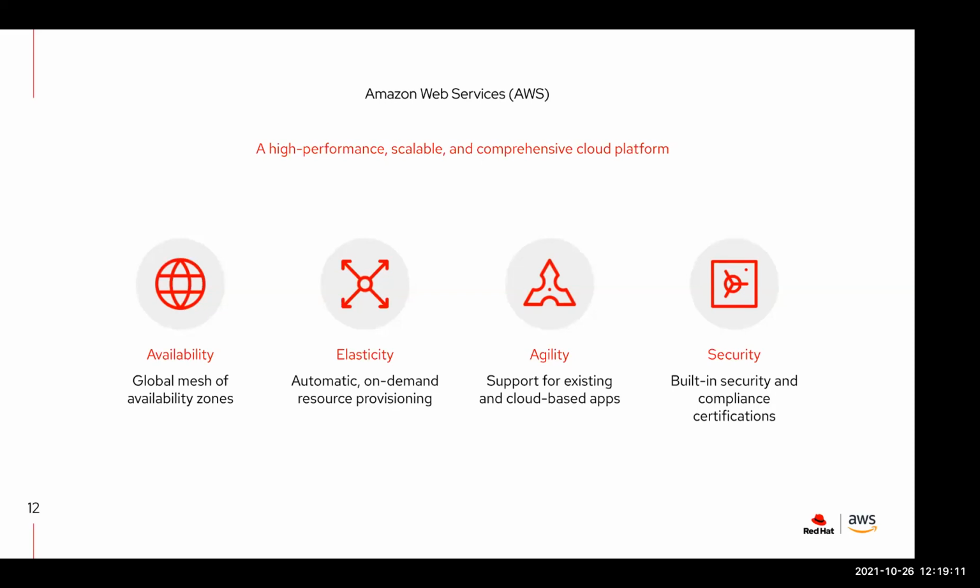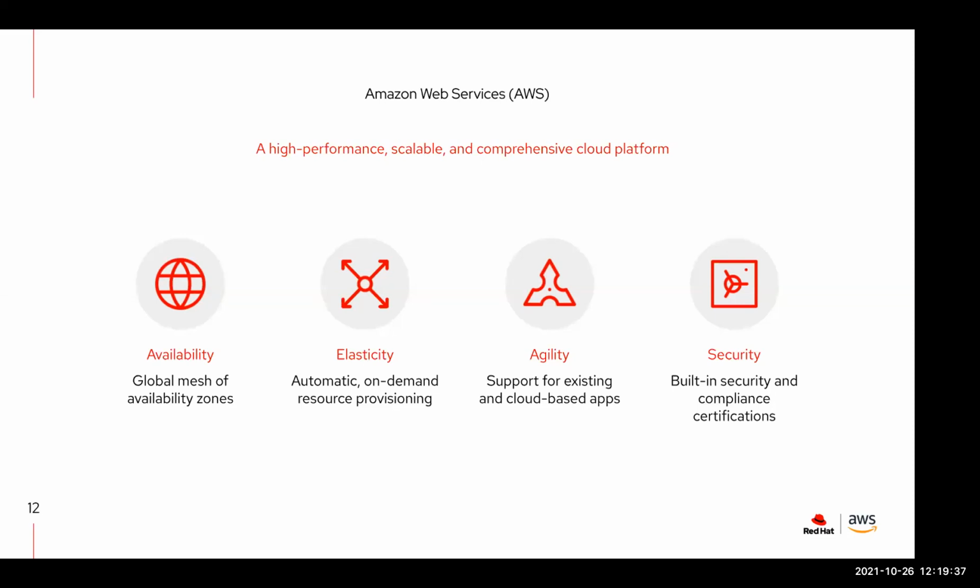And that comes in conjunction with a lot of the features that Kubernetes provides. Scalability, elasticity. All of these are things that OpenShift as a platform provides, but AWS is able to really fine tune and hone. Agility, right? AWS lets you run both existing and cloud-based applications and integrate new technologies quickly and easily.